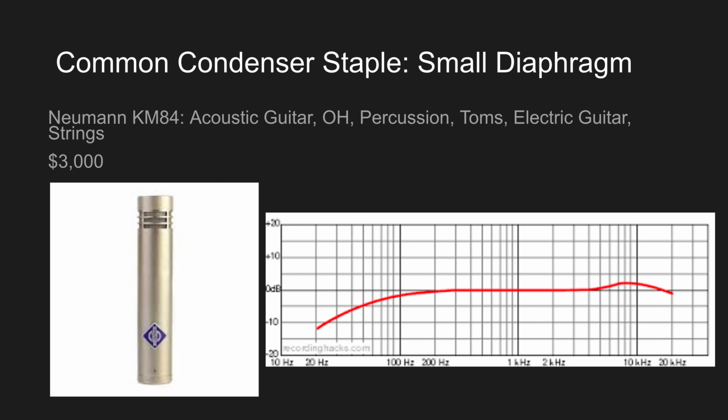I've been fortunate enough to work with quite a few of these, and they were kind of my overhead go-tos. I would either use the 414s or these, and I've recorded acoustic guitar with them. They sound great. These are my favorite small diaphragm condensers for sure.